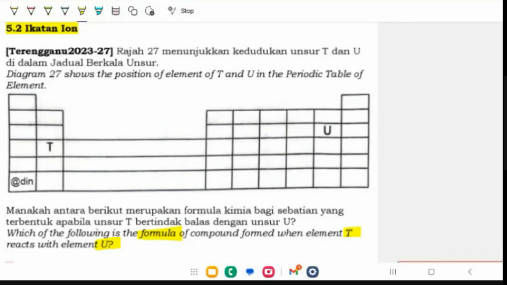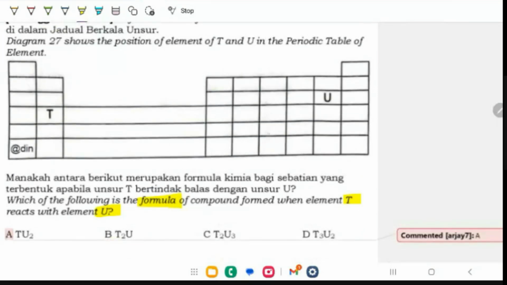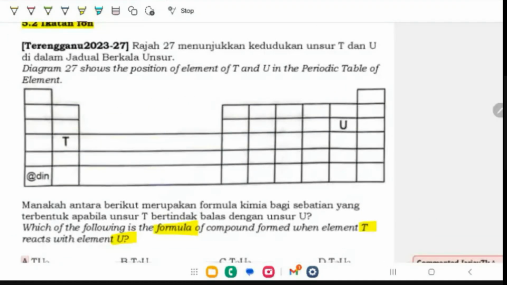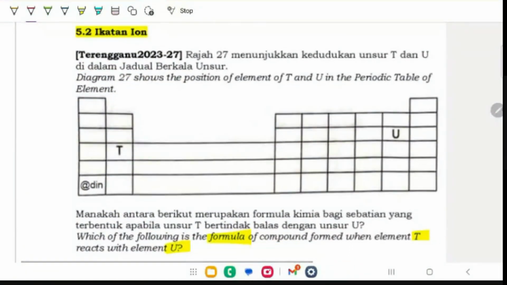T is metal, right? So first you must know the compound formed should be ionic, metal and non-metal. T is metal, group 2 metal.